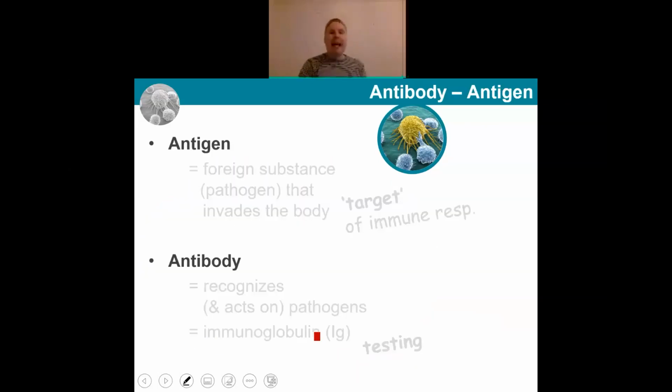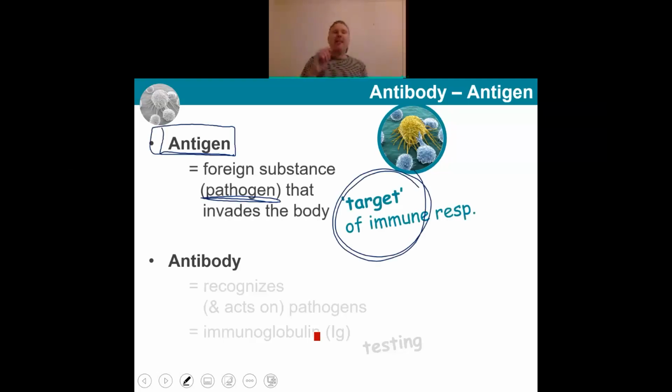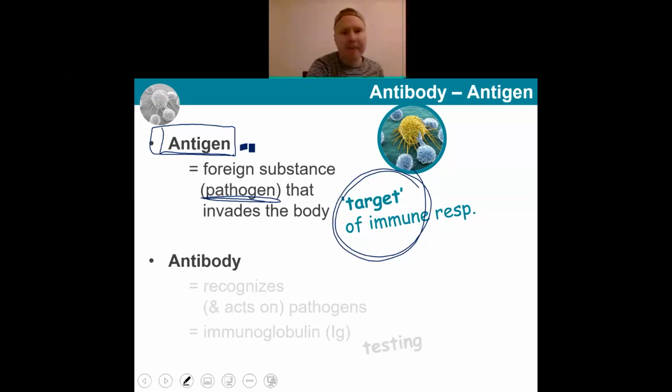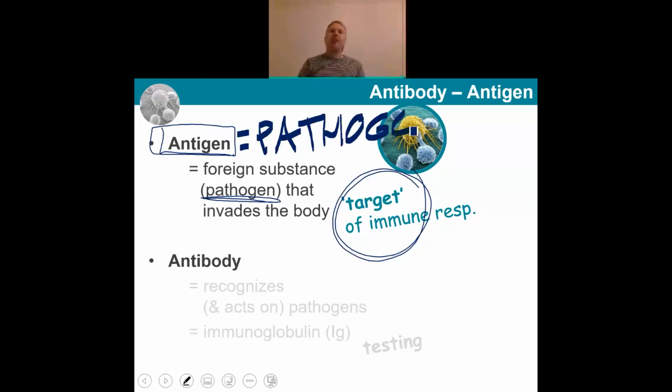First thing that I want to discuss is the terms antigen and antibody. So antigen is what we discussed earlier on. We said that it was the pathogen that shouldn't be in your body. So antigens are an invader that has gotten into your body and should not be there.